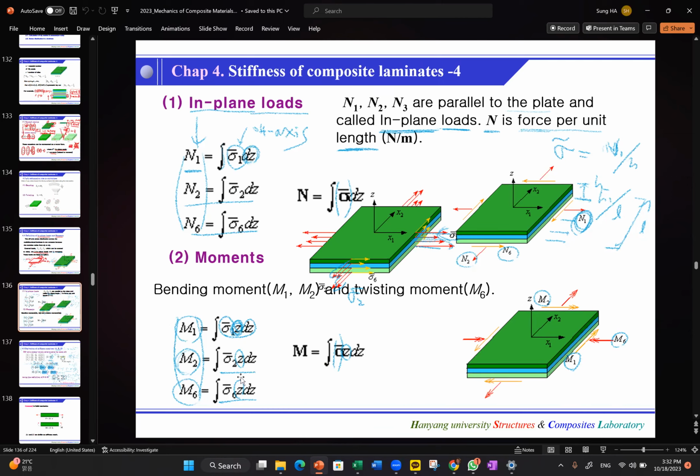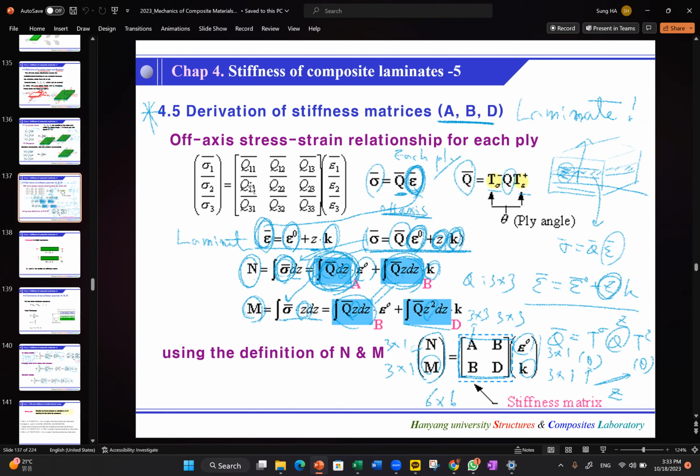And now, we don't have the definition of this one yet. We will get back to you. I like to do some top-down approach to introduce these relations.